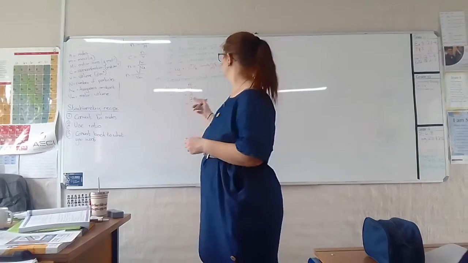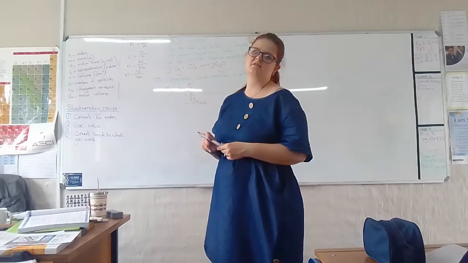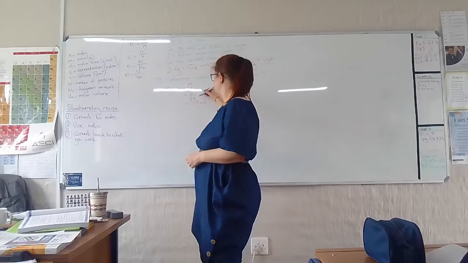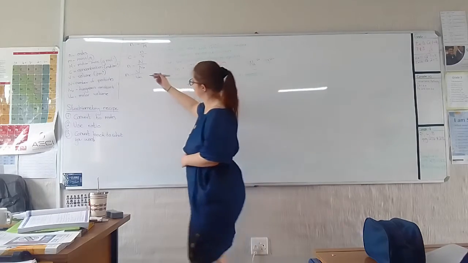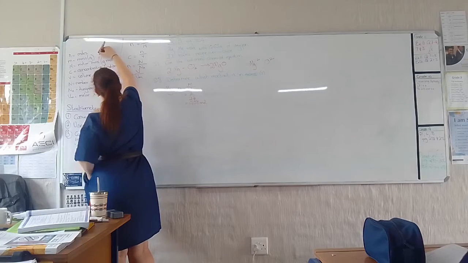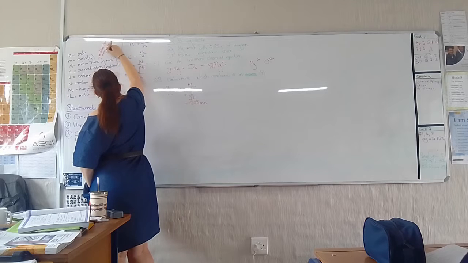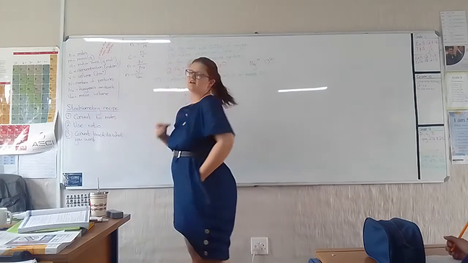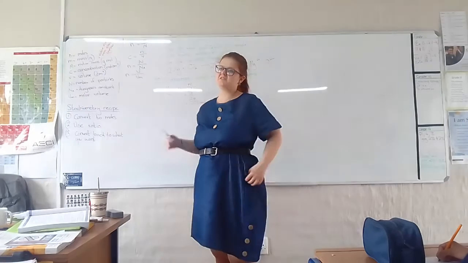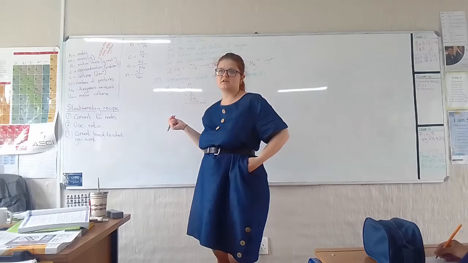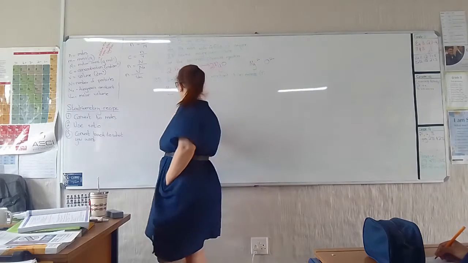So the 24 is our relative atomic mass. So here our molar mass is our relative atomic masses added together. So for example, if it was O2, it would be 16 times 2.